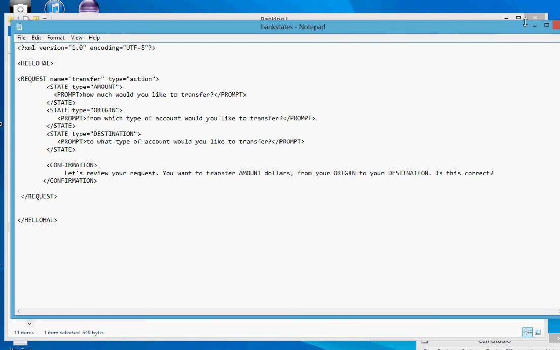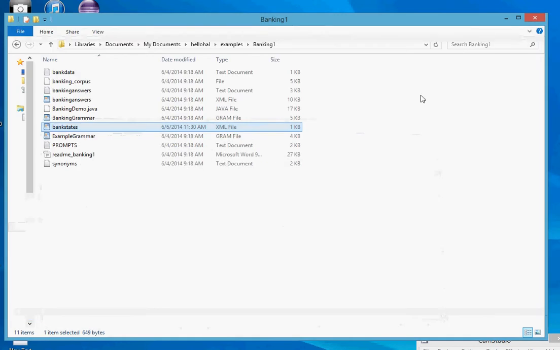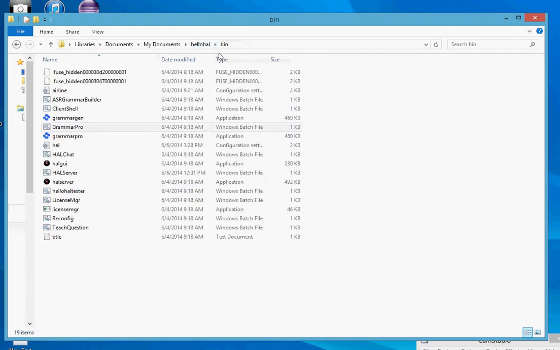And for that, it would be very difficult for a developer to account for all these variations that users may come up with. So for that reason, we use a tool that is called GrammarPro.